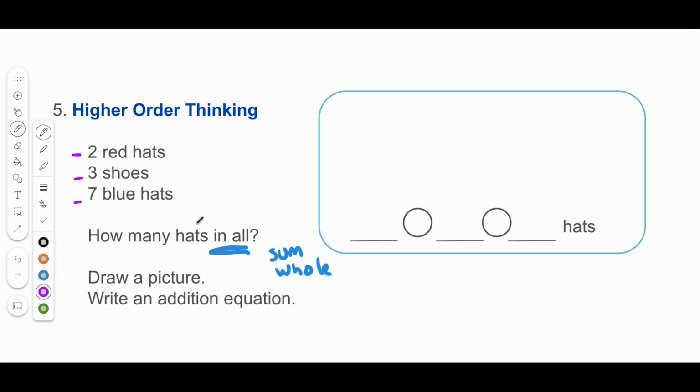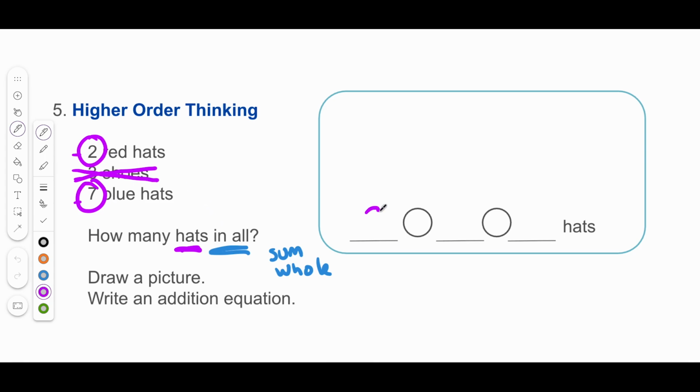They are asking how many hats there are in all. So the student needs to recognize that the numbers aren't all that they should be paying attention to. We need to pay attention to the words telling us what represents hats. There are 2 red hats and 7 blue hats. That's all we need to be thinking about. So those are the only parts that matter.